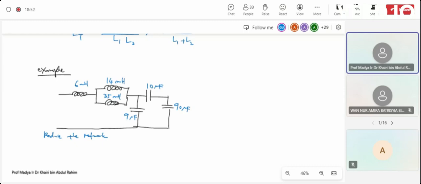We can start with L first. It's series, so it's similar with resistor, right? And we have 14 parallel with 35.